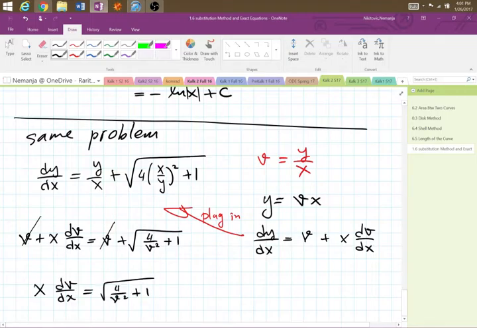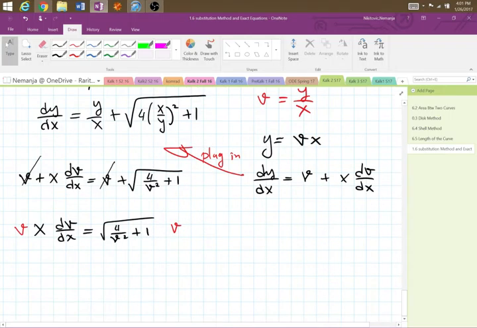Now we don't like this v squared in the denominator, so I'm going to multiply both sides by v, just v. Try to clear it out. When a single v undergoes the square root, it becomes v squared, and that is going to kill off the v squared in the denominator.